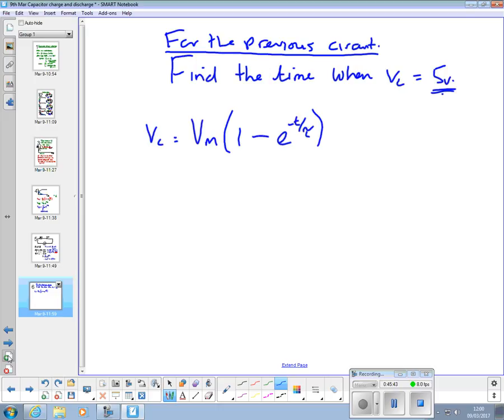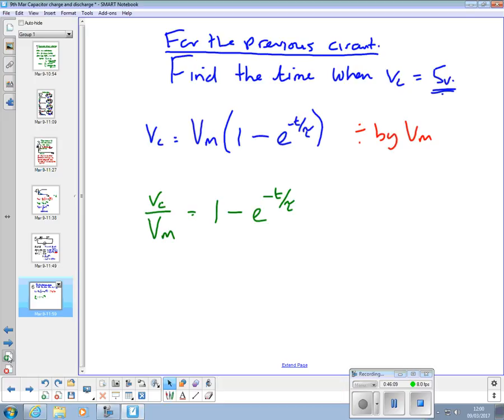Where are we going to start? Divide by Vm. So we get Vc over Vm is equal to 1 minus e to the minus t over tau. Next.